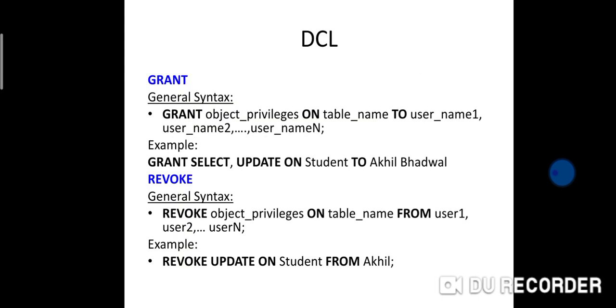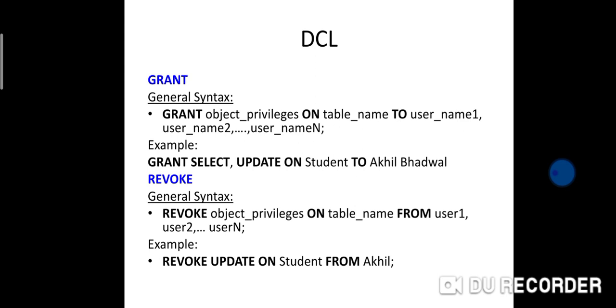This is the syntax for DCL. For grant we use GRANT object privileges ON table name TO username. The example is GRANT SELECT, that is one privilege, and UPDATE is another privilege. We use the ON keyword, then student, that is the table name, TO Akhil. So Akhil is granted access.